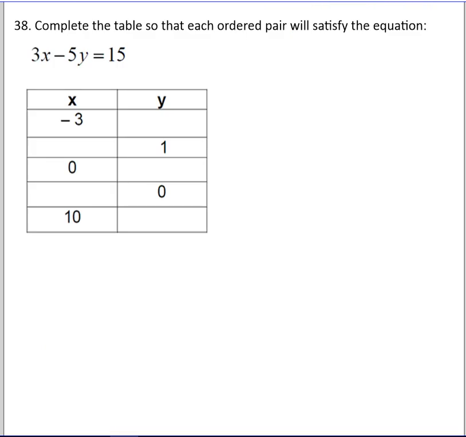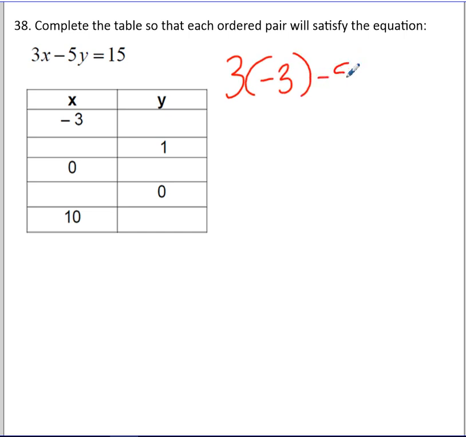Okay, now we have our equation. It's in standard form, 3x minus 5y equals 15. And we're completing this chart to be able to have ordered pairs that are solutions to the equation. And so let's start off with -3. And -3 is our x value, so we'll do 3 times -3.